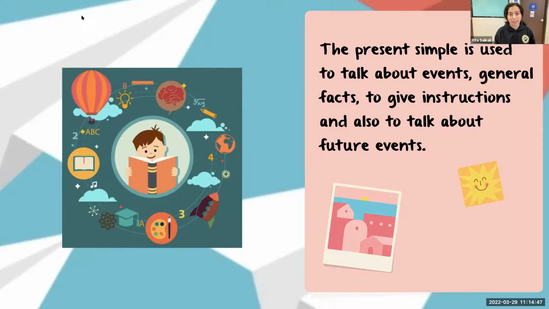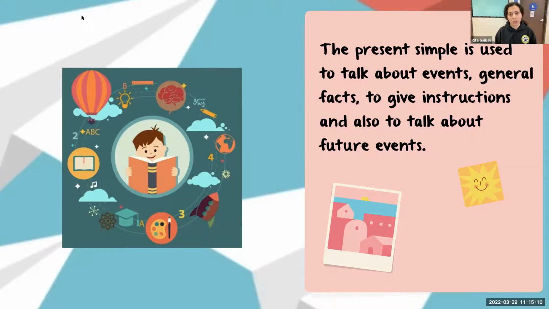So in Spanish, be like eventos o cosas que están pasando, okay? General facts, and these are like cosas que son normalmente la verdad, all right? So normally truth, and to give instructions and talk about future events.